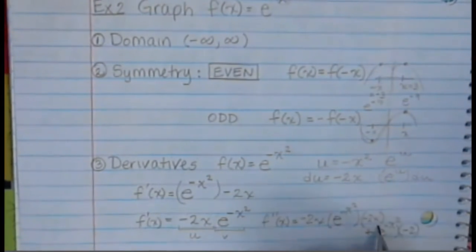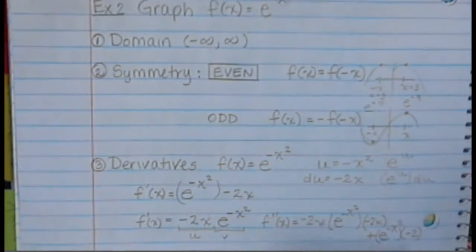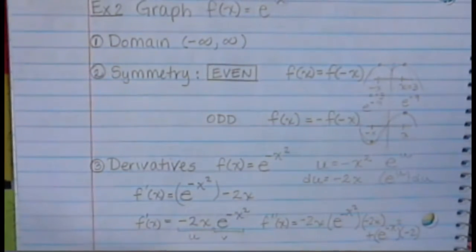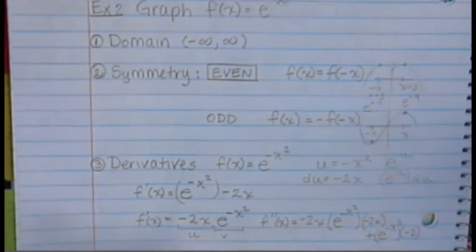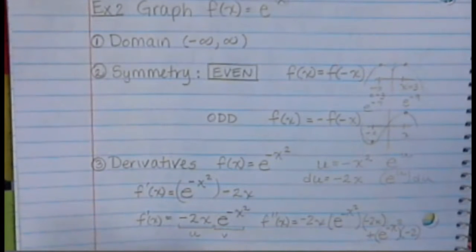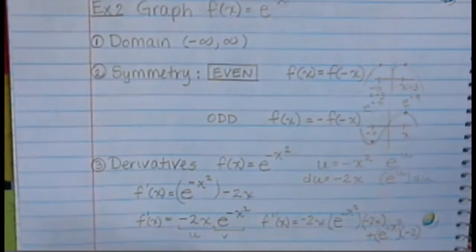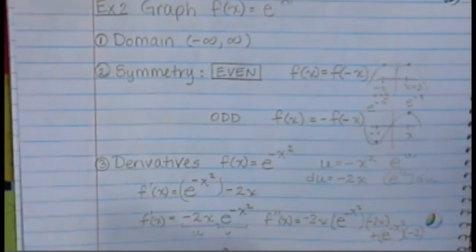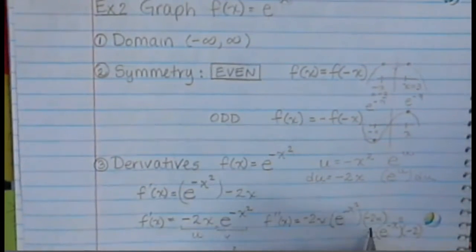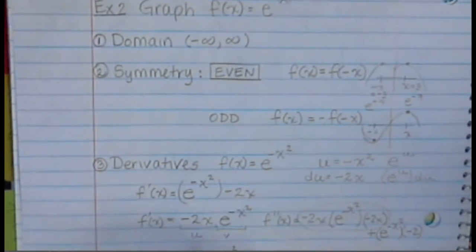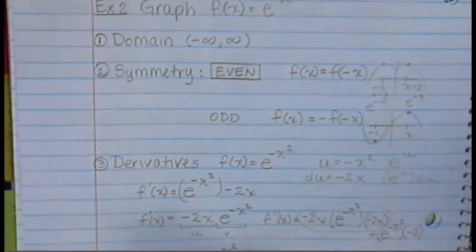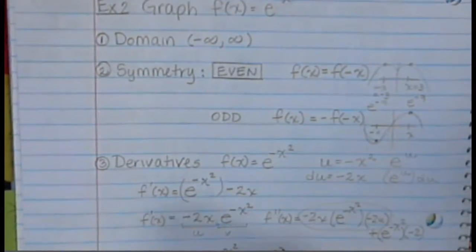So notice how I put that negative in parentheses to remind myself I'm still multiplying. So f double prime of x is equal to positive 4x squared e to the negative x squared. That's this first term. Minus 2e to the negative x squared.